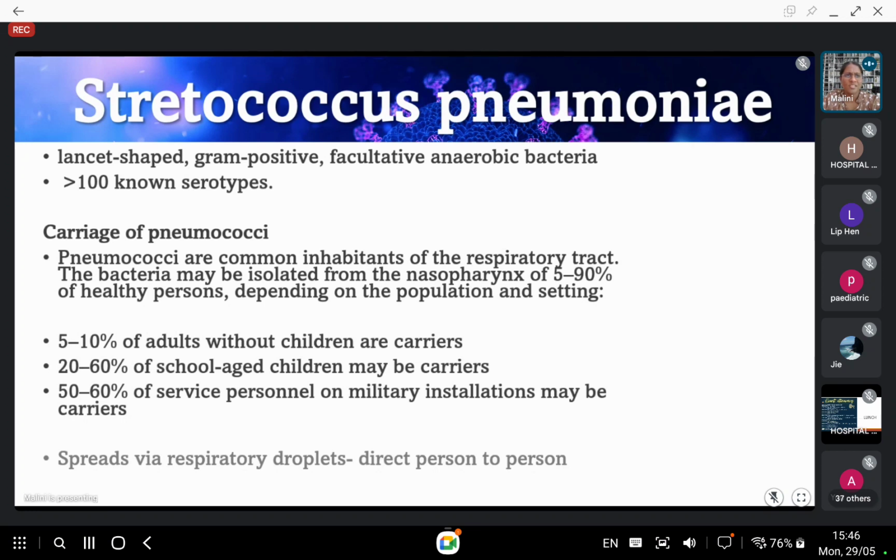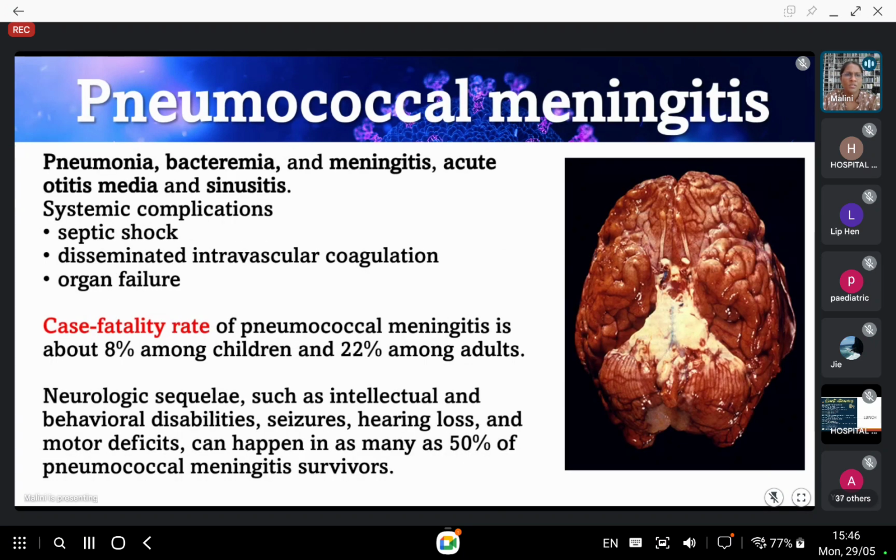The carriage rate is quite high in older people and even children, and it spreads via direct respiratory droplets. It can cause pneumonia, bacteremia, meningitis, otitis media, sinusitis. Systemic complications can include shock, DIC, and organ failure.